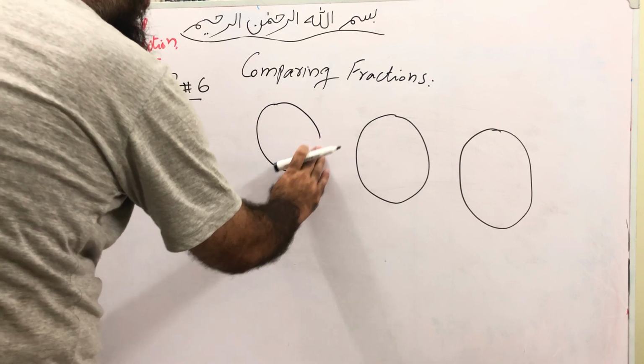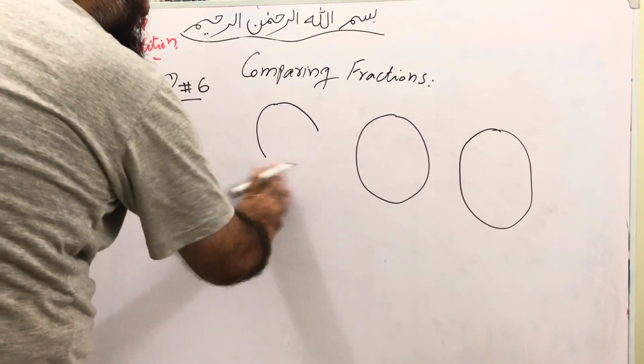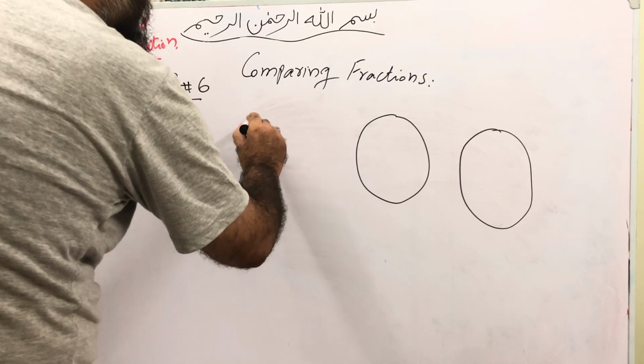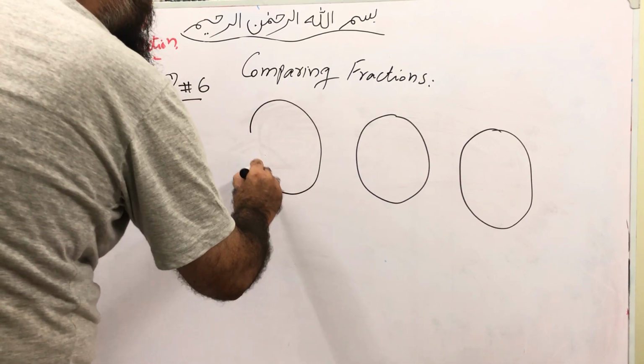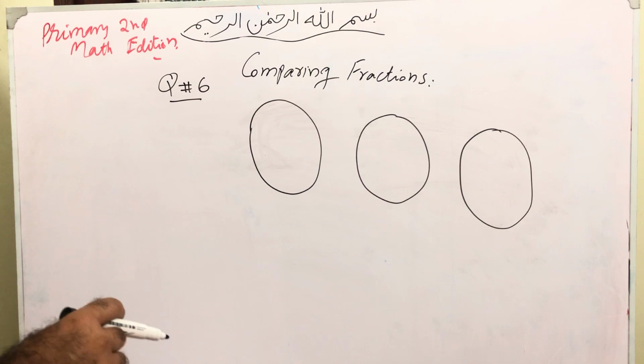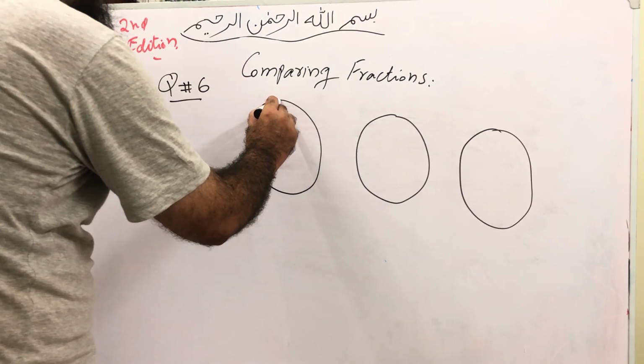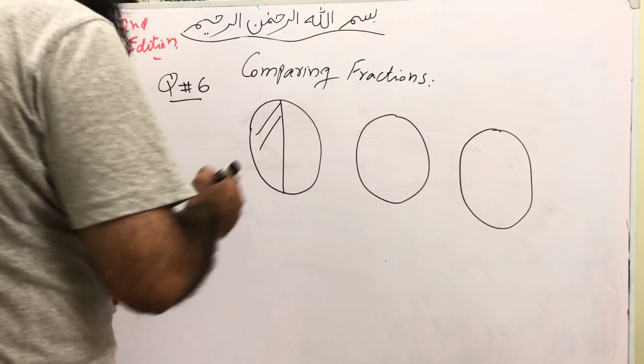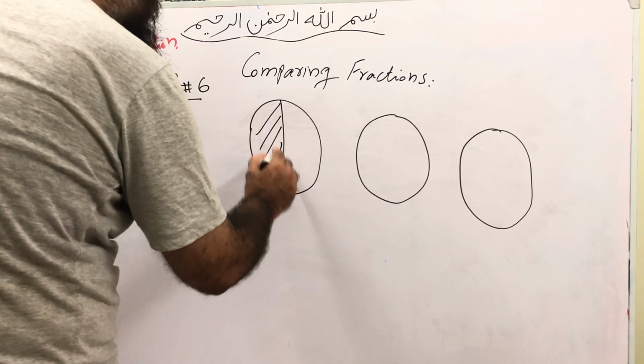These are the same. We have 3 same figures of the same size. Here it is 1/2. This is shaded with the green color.